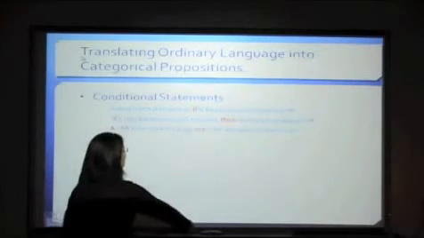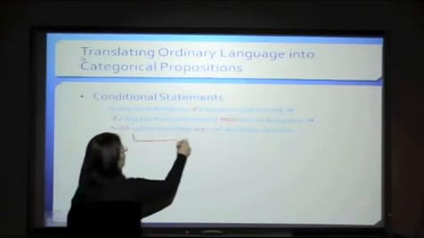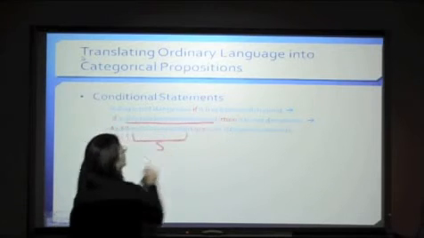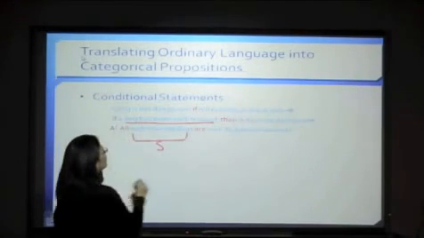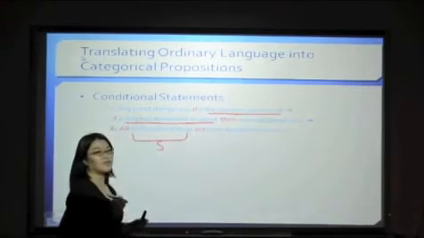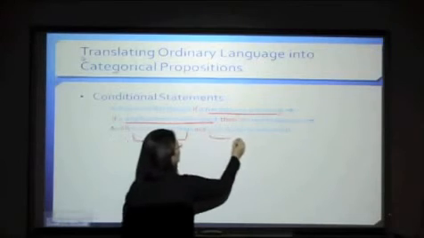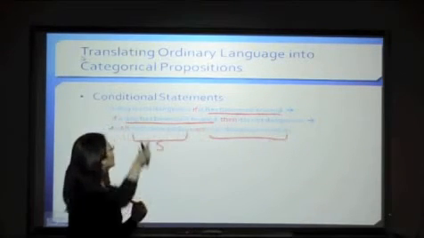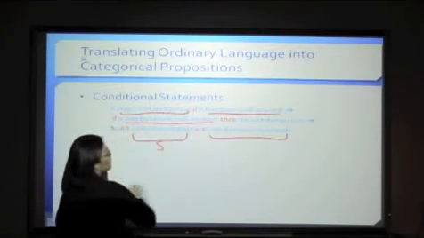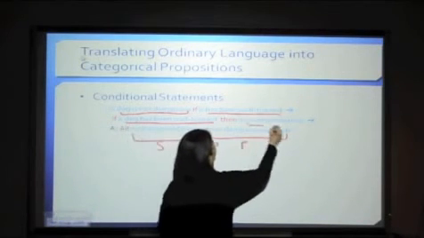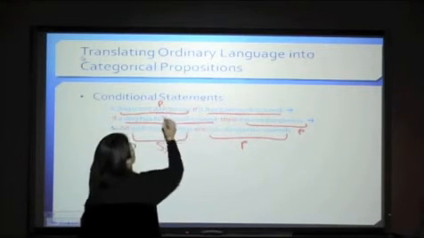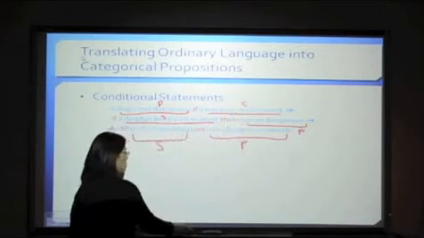Here we have well-trained dogs as the subject term, which is indicated after the if. Then we have non-dangerous animals, indicated here as not a dangerous animal, and this is the predicate.